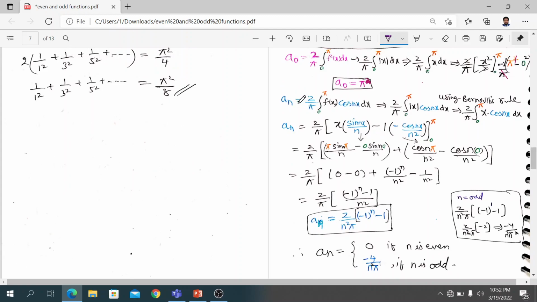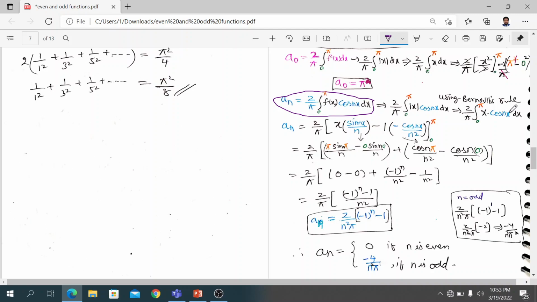Next an. An formula is this one. An is equal to 2 by pi integration 0 to pi f of x cos nx dx. What is f of x? Mod x. Mod x value is only x. Now apply Bernoulli's rule. This is u. So u minus derivative of u, x derivative 1.